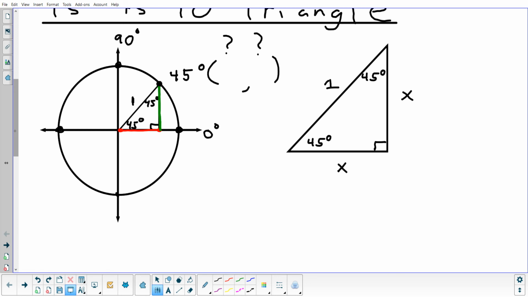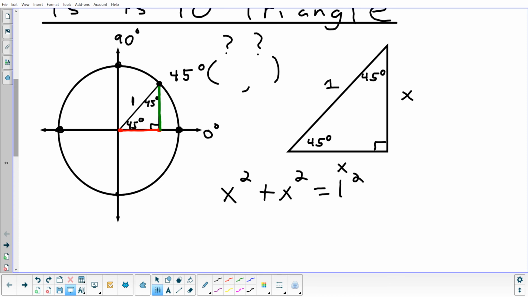You have to use the labels that we have exactly. So x squared plus x squared equals 1 squared. There's the Pythagorean theorem using those three sides.